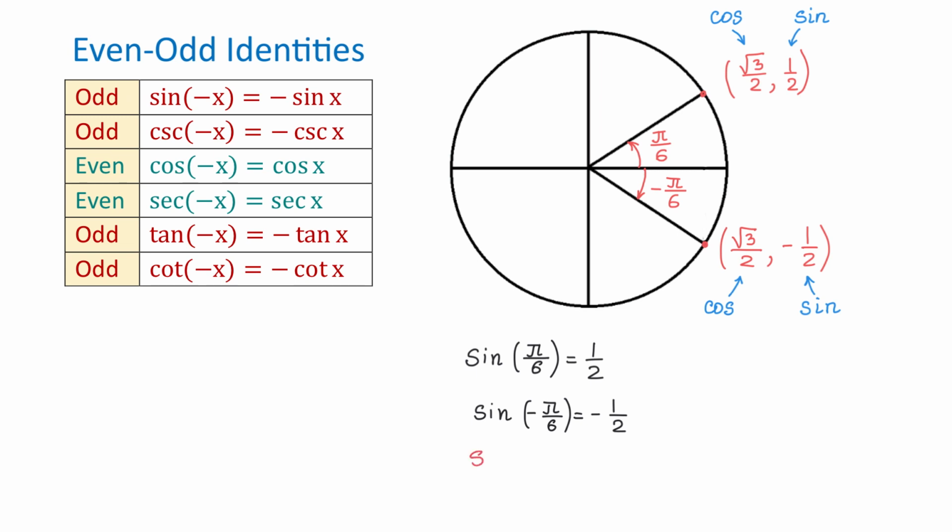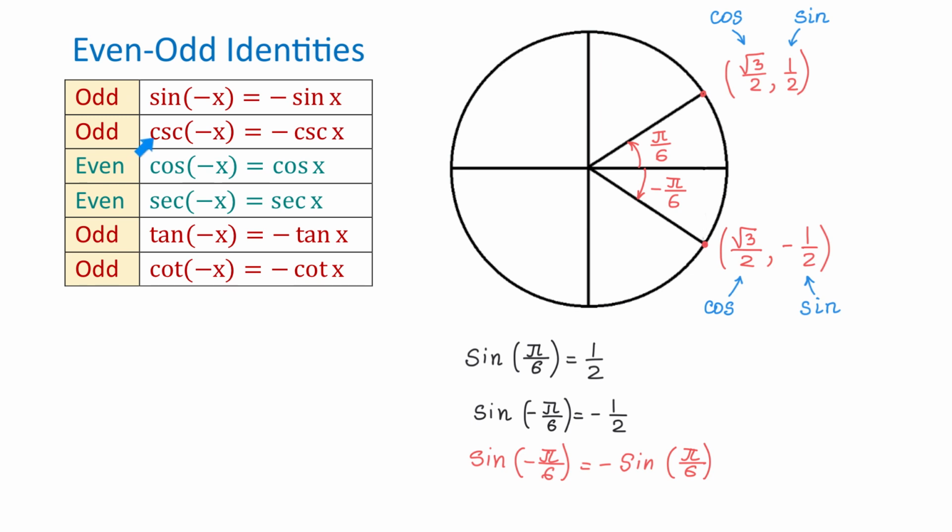Then we can say that sine of negative pi over 6 equals negative sine of pi over 6. So the left side is negative 1/2 and the right side is also negative 1/2. And that is what we have in the first identity. Sine of negative x equals negative sine of x.